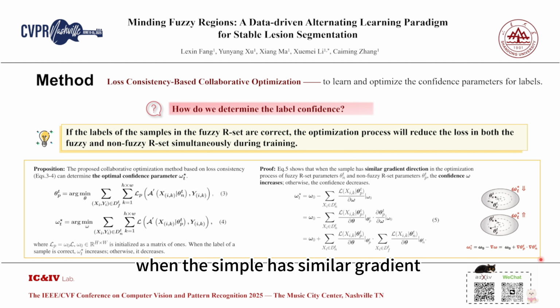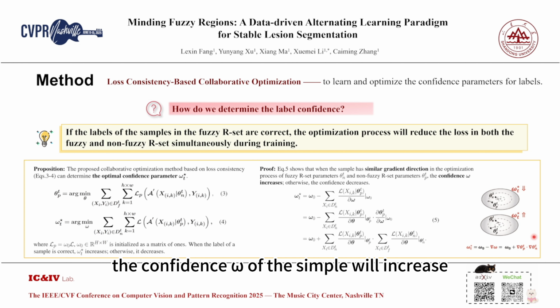When the sample has a similar gradient direction in the optimization process of the fuzzy set parameters theta_p^t and unfuzzy set parameters theta_n^t, the confidence omega of the sample will increase.